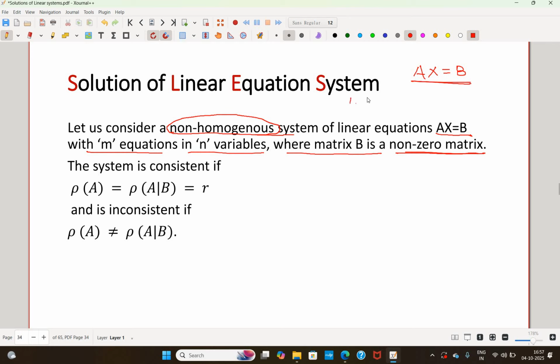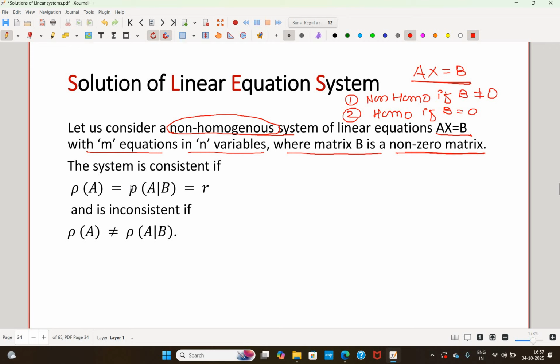Now it is said to be, number one, non-homogeneous if B is not equal to 0, and second, it is said to be homogeneous if B is equal to 0. So for both cases, non-homogeneous and homogeneous, how to find the solution, that we are going to track out. That will be the entire discussion for this particular session.